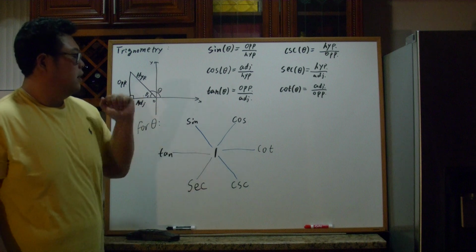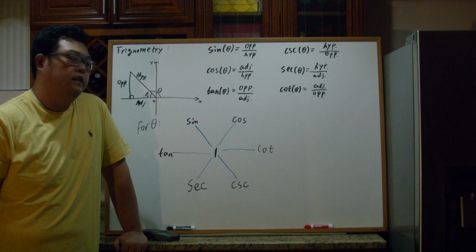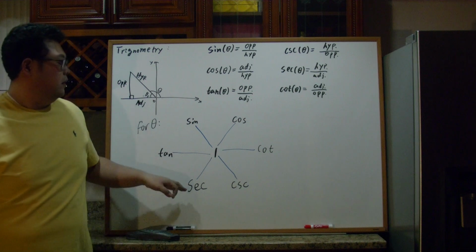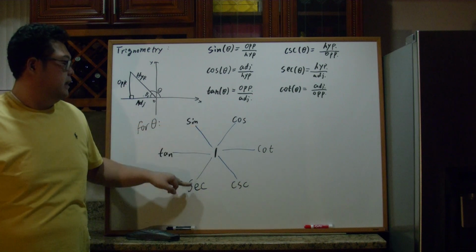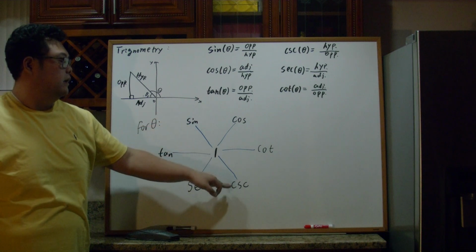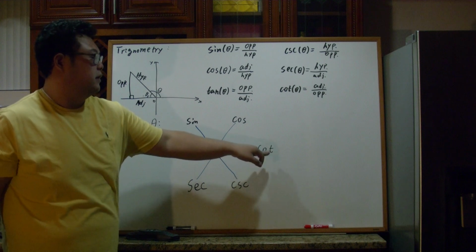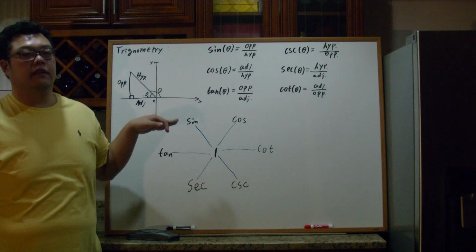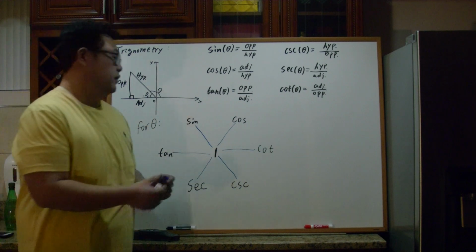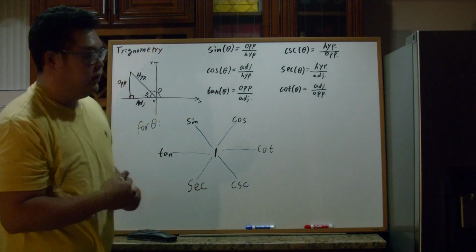The diagonals are in the reciprocal relationship: cosine is 1 over secant, secant is 1 over cosine, sine is 1 over cosecant, cosecant is 1 over sine, tangent is the reciprocal of cotangent, cotangent is 1 over tangent. That we have 1 in the middle. The next relationship is their edge.